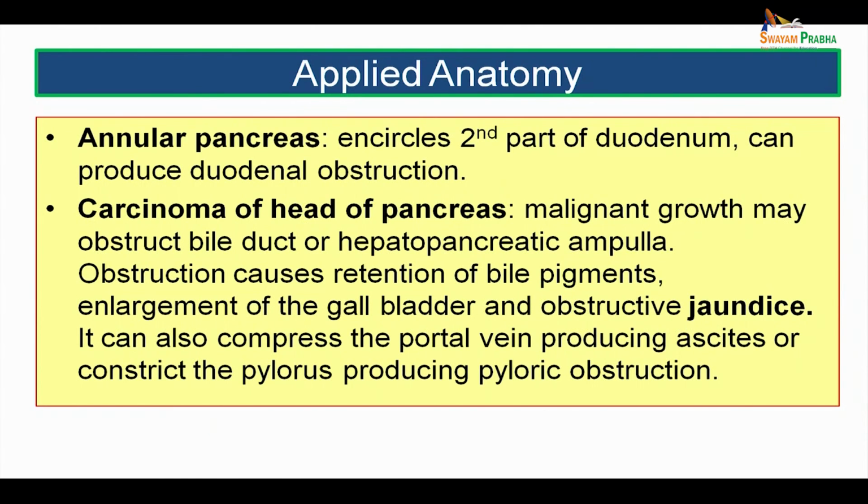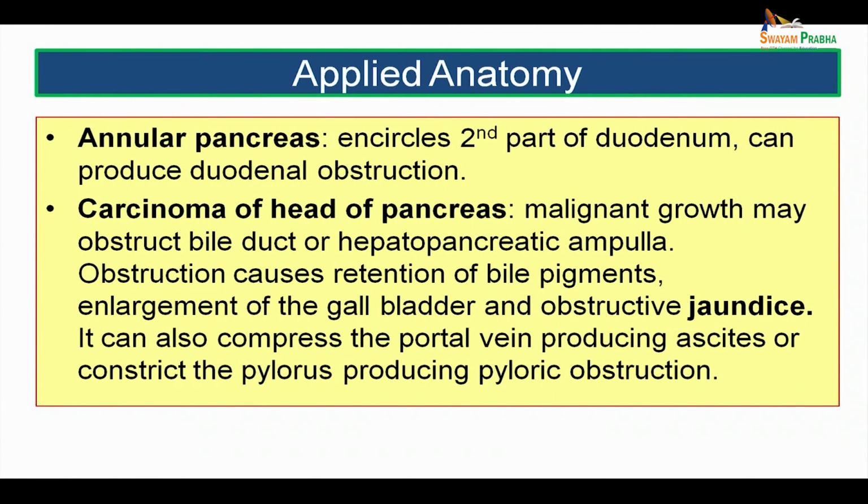Next is carcinoma of head of pancreas. A malignant growth may obstruct the bile duct or the hepatopancreatic ampulla. The obstruction will cause retention of bile pigments, enlargement of the gallbladder and obstructive jaundice. This is what was seen in our clinical case scenario.